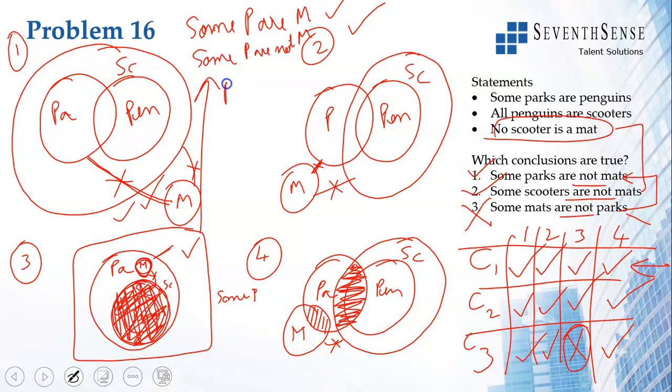All mats are parks: true. Some mats are not parks: false. If all the mats are parks, some mats are not parks will be false. Hence we have this as a cross. The third conclusion is false. The conclusions which are true are 1 and 2.